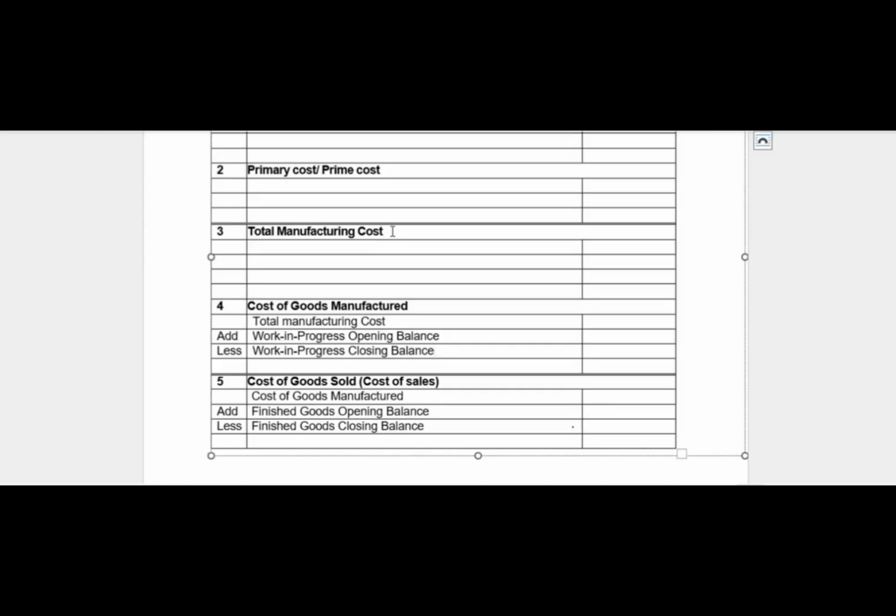Right? So now let's get the formula to calculate total manufacturing cost. What is the formula to calculate manufacturing cost?